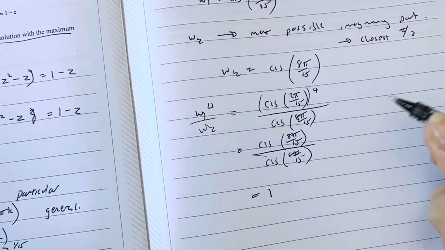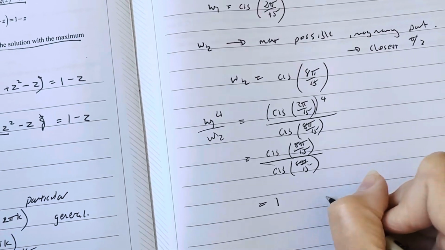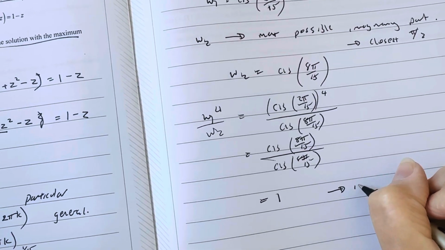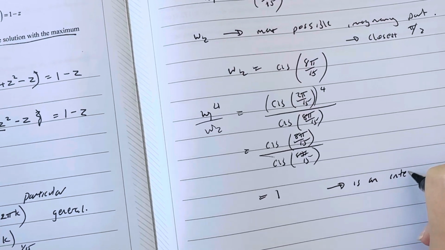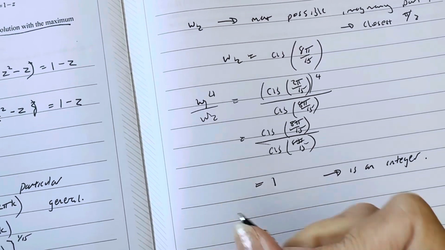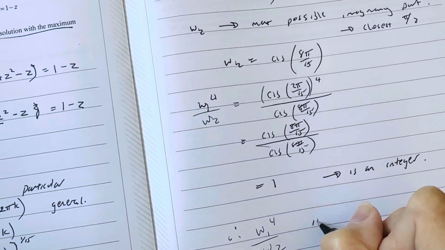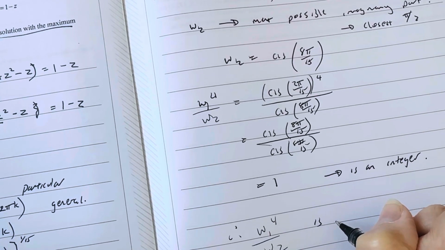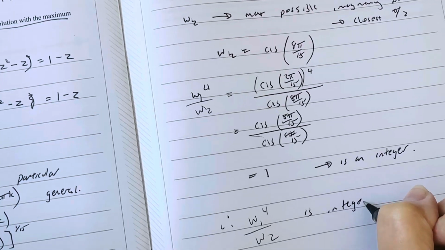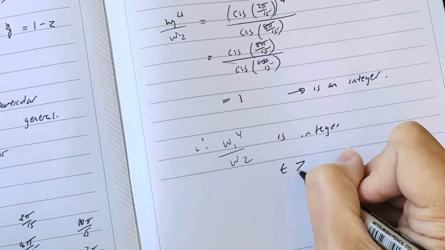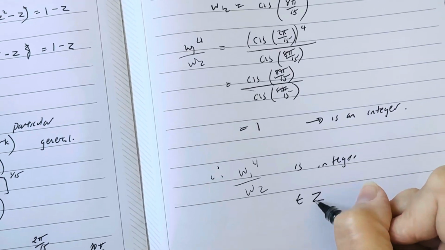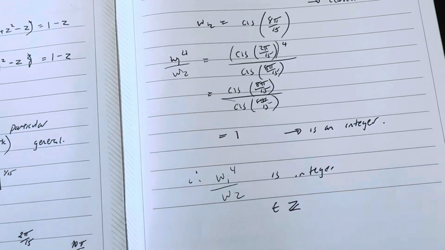That equals 1, which is an integer. Therefore, W1 to the 4th over W2 is an integer, which is what we needed to show.